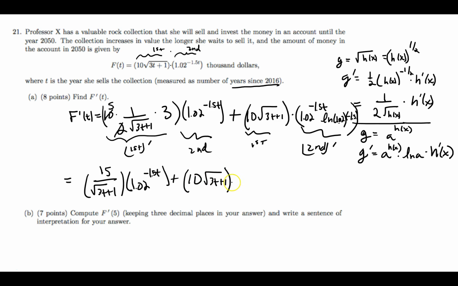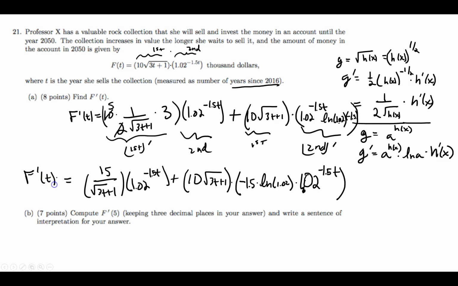Okay, and then this one I'm going to write as the negative 1.5, the ln of 1.02, and then 1.02 raised to the negative 1.5t. There we go. That's your derivative.